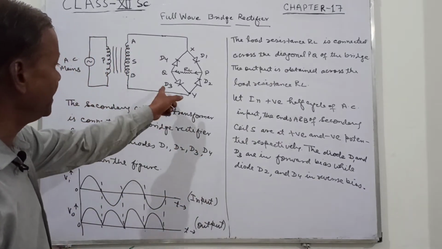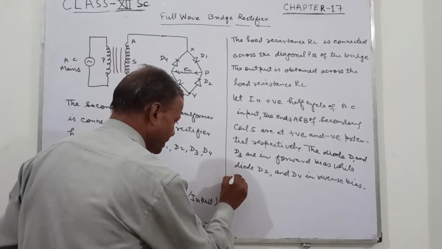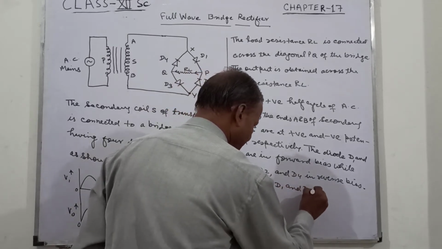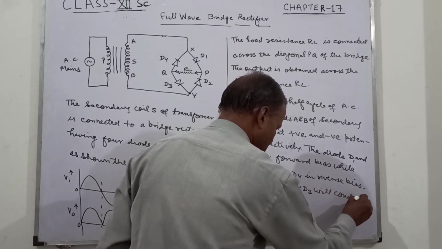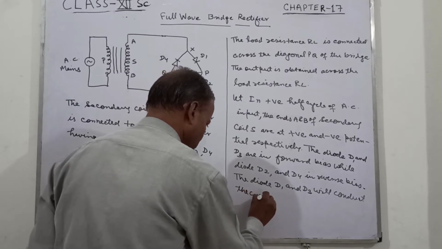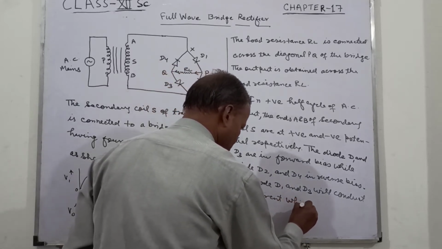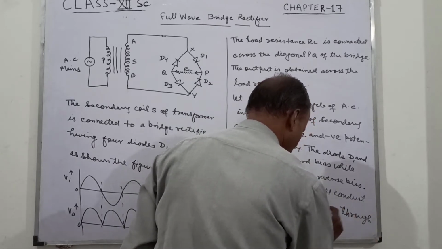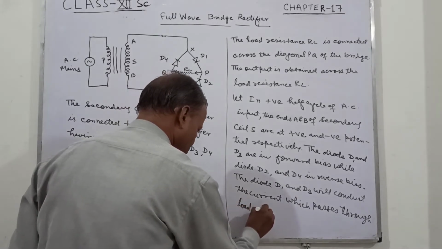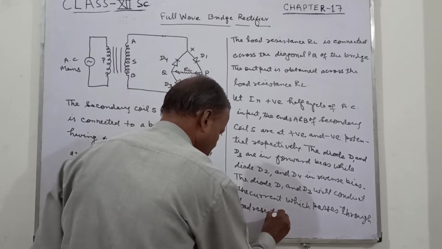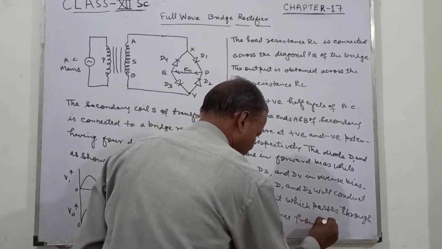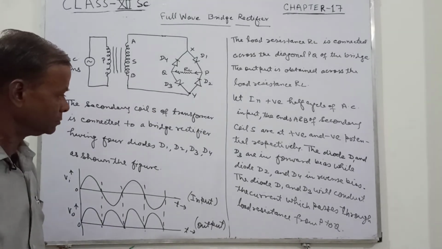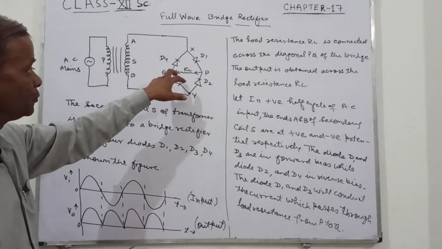It means that only D1 and D3 will conduct the current, which passes through the load resistance from P to Q. This is the direction of current, P to Q. Now, when the current passes through this PQ, then the output will be obtained at PQ.